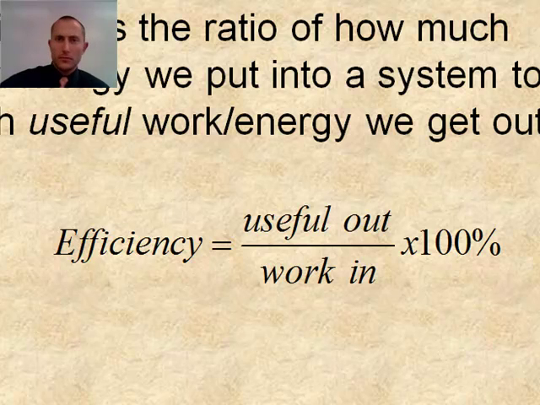And so if you supply 100 joules of electrical energy to a light bulb, but you only get 20 joules of light out, that's only about 20% efficient, because only 20% of the electrical energy is actually getting converted into the energy that we want. And so the lower the efficiency, the more waste energy there happens to be.